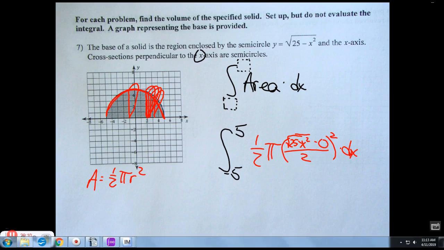If you look at your answer key on these, a lot of times, and this will be true on the test too, they might put the pi over 8 out front. So this is how this would probably be simplified. The divided by 2 was inside of the square, so when you square it, you're actually dividing by 4.